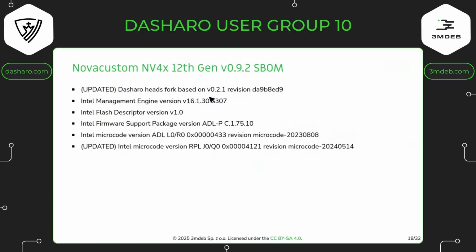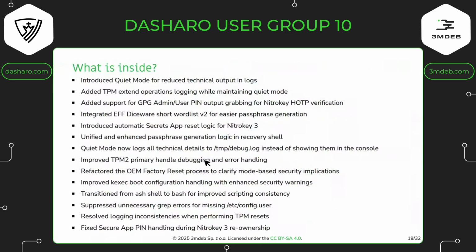First of all, it uses a new version of Heads, so that's one updated thing. The other thing is updated microcode, which is also probably important for those using Raptor Lake devices. And there is a ton of things in the changelog.